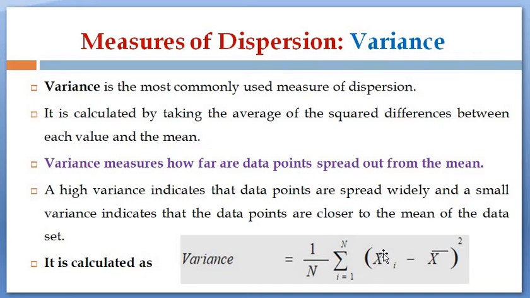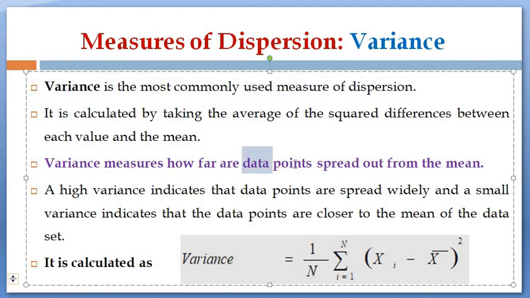So variance measures how far data points spread out from the mean value. A high variance indicates that the data points are spread widely, and a small variance indicates that the data points are closer to the mean of the data set.